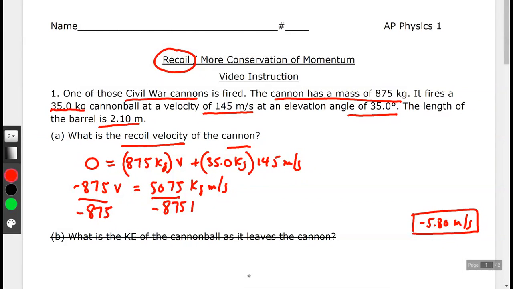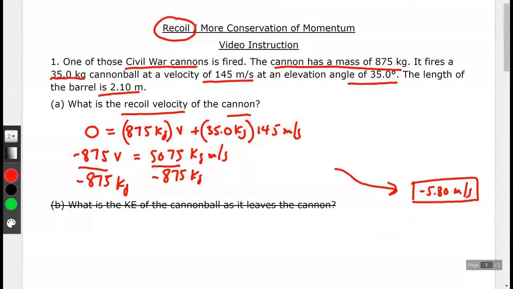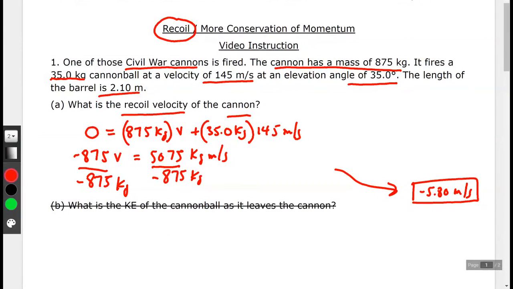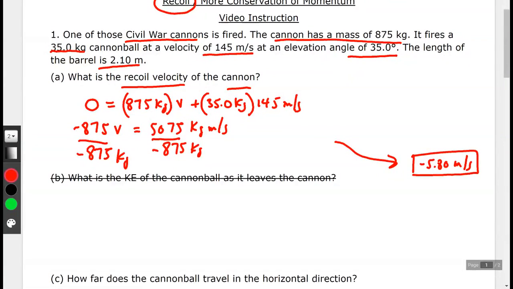You get a velocity of negative 5.80 meters per second. Once you call the cannonball's velocity positive, you have to expect that the cannon is going to have a negative velocity because it's in the opposite direction.